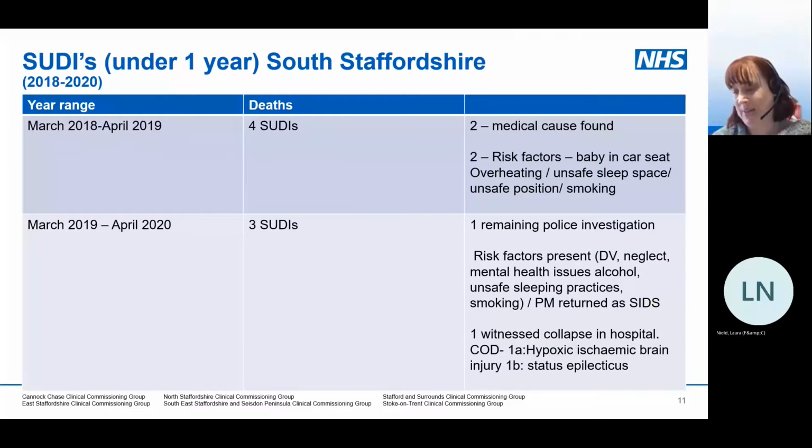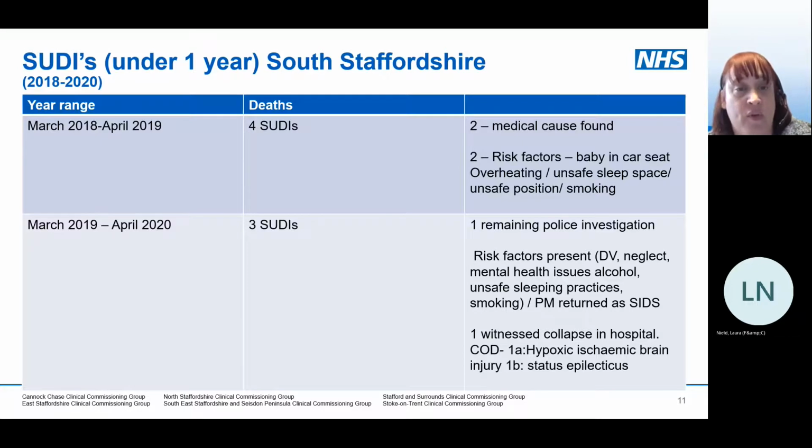So if we dig a little bit deeper into the deaths of children under the age of 1 who've died suddenly and unexpectedly in South Staffordshire, because that's the area that I work in. These are the 2 yearly periods. So there's the period from 2018 to 19.